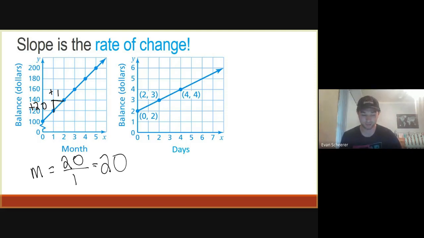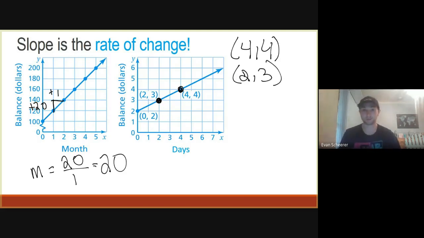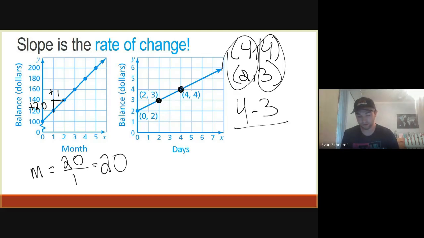For the second one, let's review what it looks like when we use 2 points. We have (4, 4) and we have (2, 3). Remember, we can do these y-values first, 4 minus 3, over these x-values second, 4 minus 2.